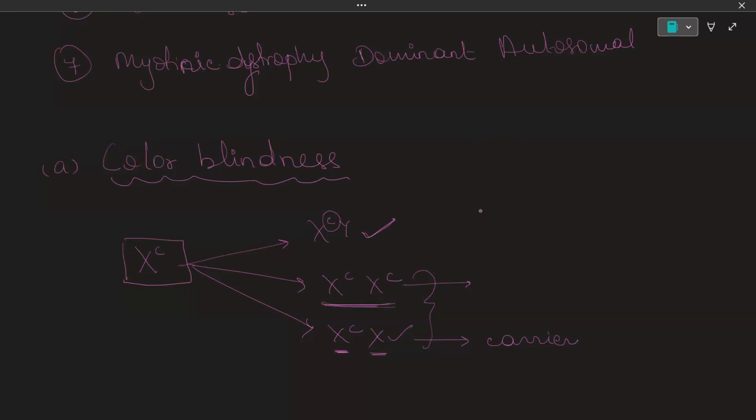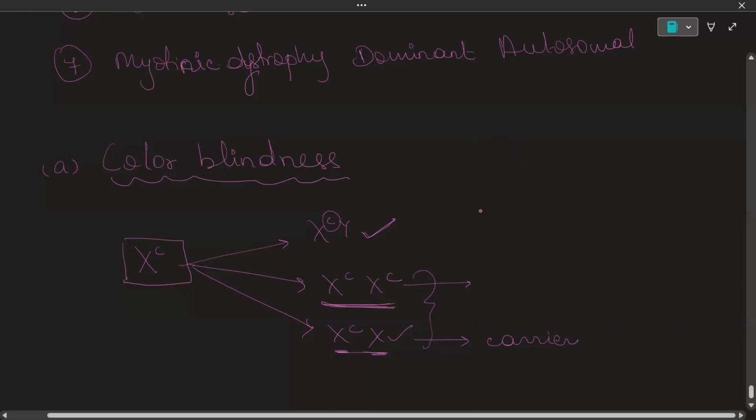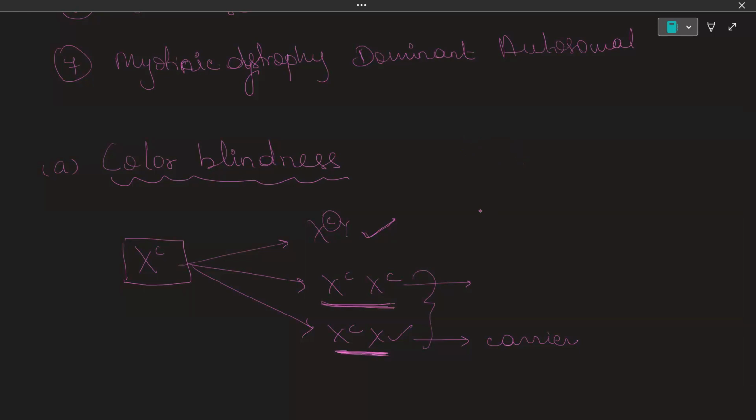Here, this one is a homozygous condition, whereas the third one, wherein the female is a carrier, is a heterozygous condition. Okay, so this much is clear. All right, now moving forward.